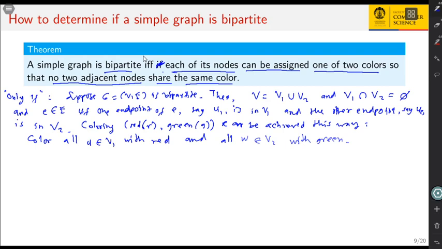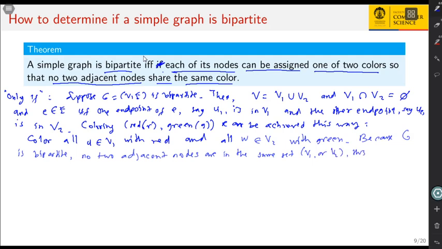Because G is bipartite, no two adjacent nodes are in the same set V1 or V2, and thus no two adjacent nodes will share the same color.